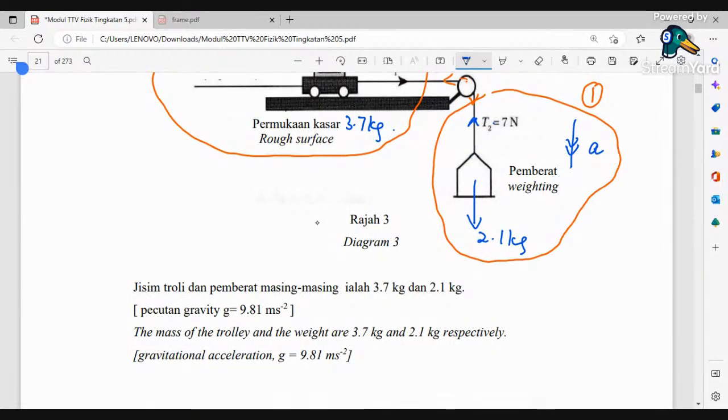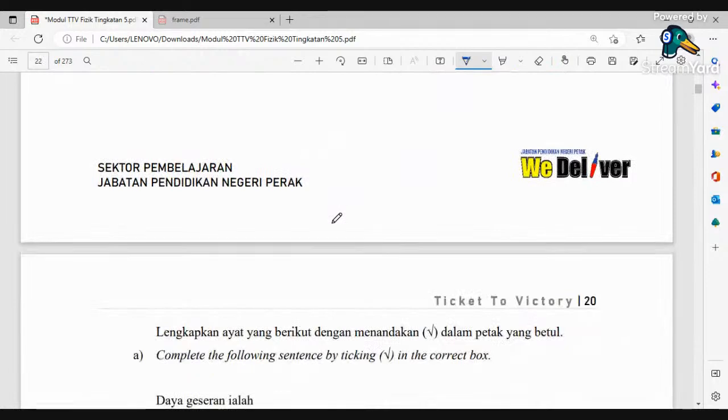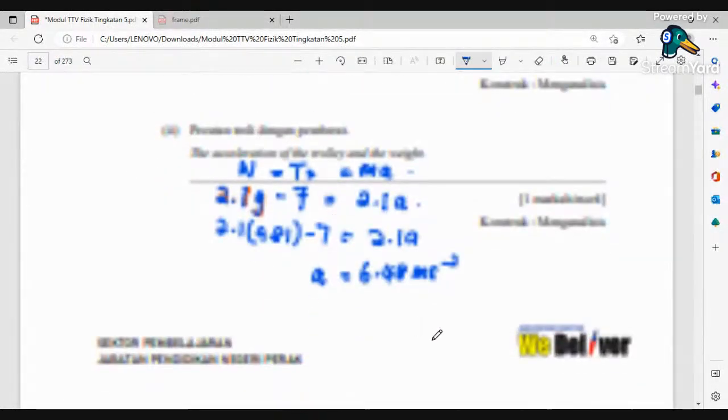Remember this one is moving downward, so its weight is 2.1 g, minus T2 because T2 is upwards, in the opposite direction. So 2.1 g minus T2 equals ma, where m is 2.1 kilogram. So we get the answer.